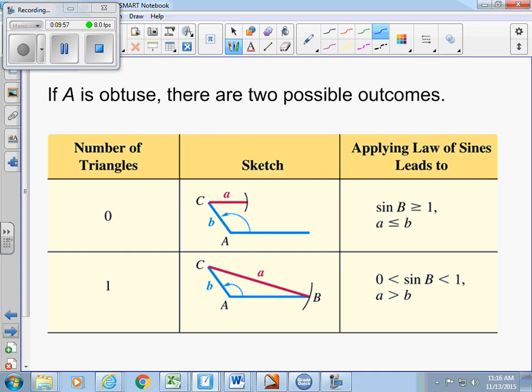Now, let me remind you of something for a moment, because that last slide was intimidating, wasn't it? How many of you knew on the bell ringer, without me teaching a single thing, that did not make a triangle? Why? It didn't work, right? So you can pick that out to begin with.